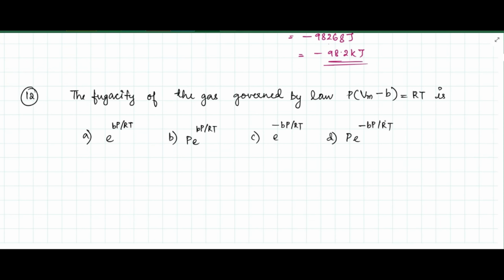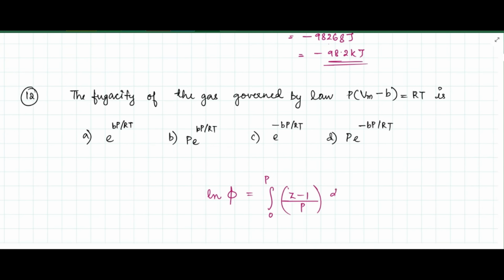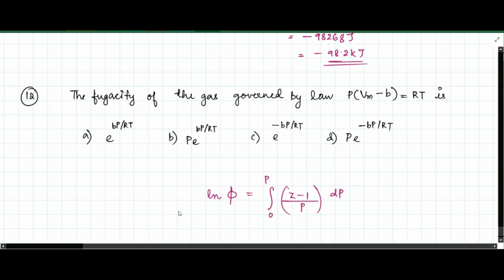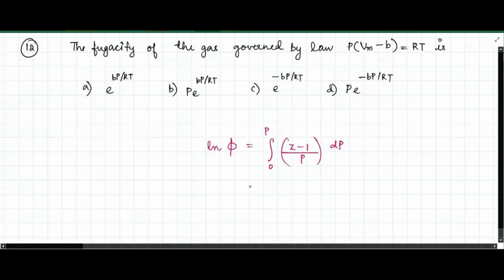First of all, for fugacity you only have one equation to learn and use. That is ln phi, which is the fugacity coefficient, equal to the integral from 0 to P of (Z minus 1) by P into dP. Only this one equation for fugacity. In the case of an ideal gas we say pressure.